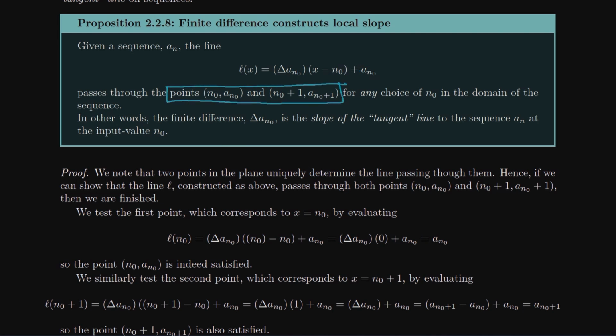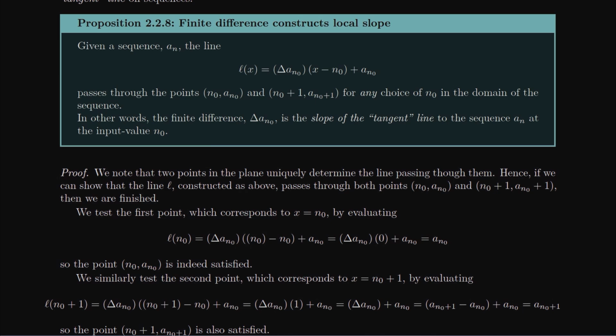It will pass through the point that I'm trying to construct the line at, n0 comma a_n0, so the input as well as the output, as well as the next point in the sequence. So in some sense, this term is the next point in the sequence. So this line, L_x, is the line which passes through one point as well as the next point of a sequence. That's the closest thing we can get in a sequence to a tangent line.